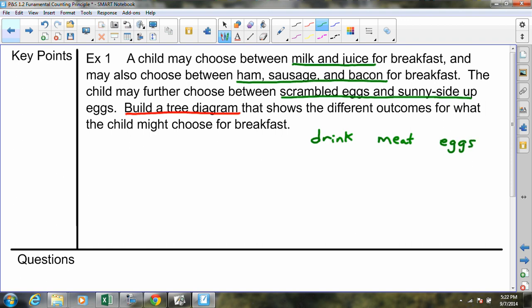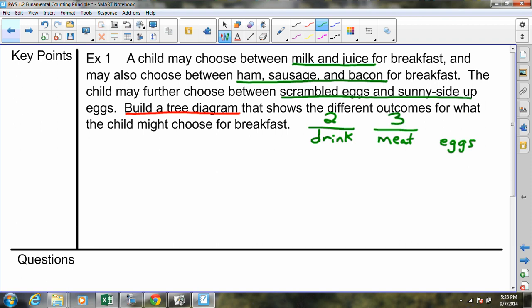You have the event of picking a drink, and the event of picking meat, and the event of picking eggs. Individually, we could look at each one and say, how many options are there to pick the drink? Just milk and juice, so there are 2 options for the drink. But when we pick the meat, looking at just that, ham, sausage, bacon, there are 3 choices.